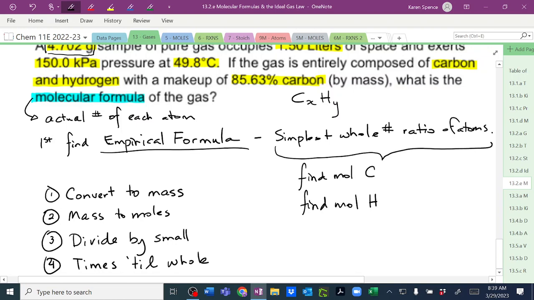So first thing we need to do if we're going to find the moles is we need to have something we can find it from. And right now all we have is a percentage of carbon. That's not much use to us, okay? But we do know that we have 85.63% carbon.